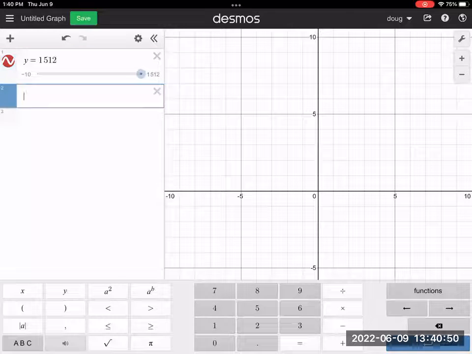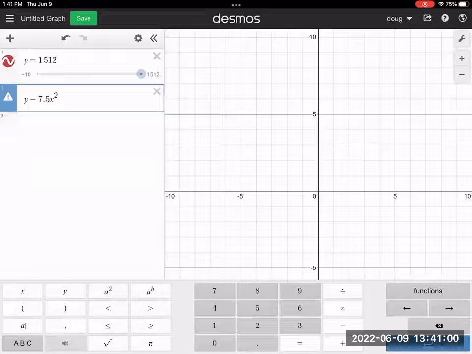And then we said the second one was y equals negative 15 halves, but I'm just going to call that 7.5 x squared. And then we said it was plus 150x. And then plus 762, right?